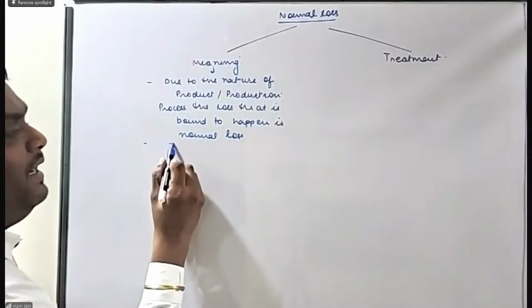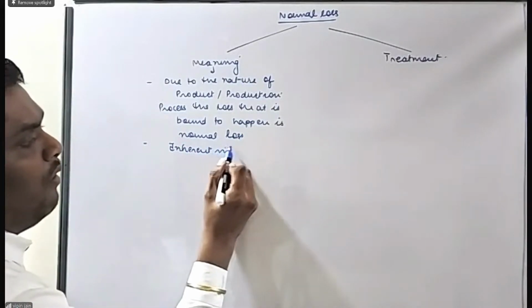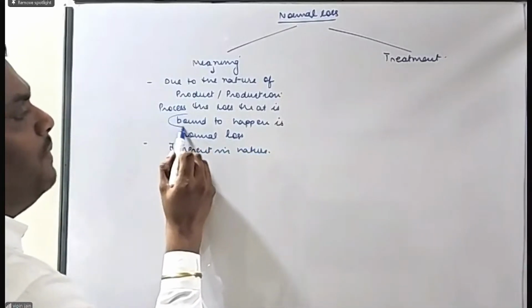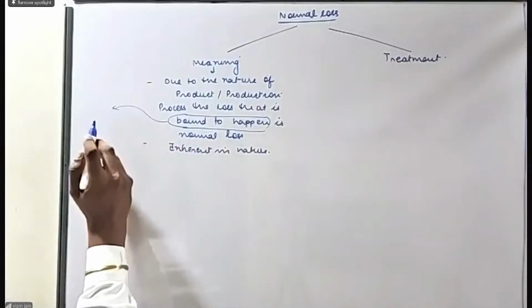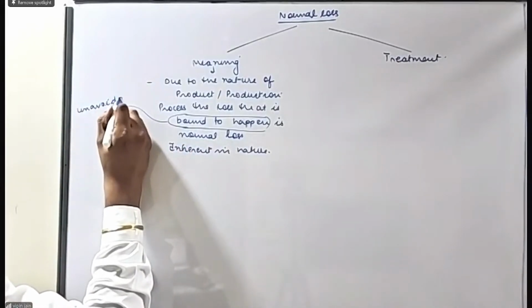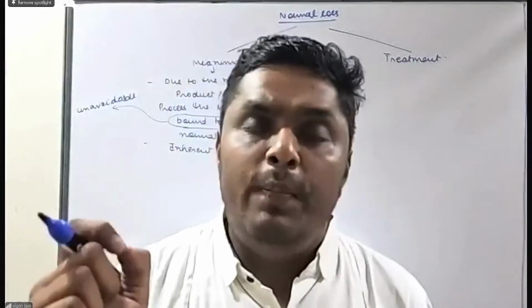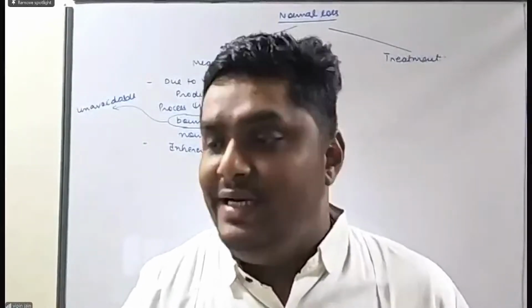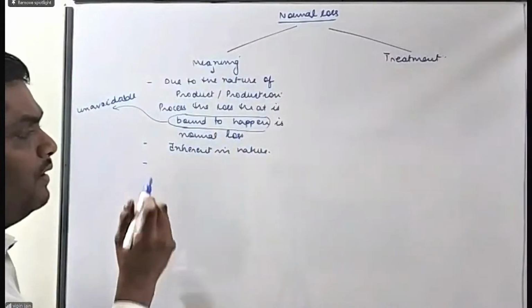We can say it is inherent in nature. Since I have used the word bound to happen, we can say it is unavoidable. Due to the nature of product or production process, the loss that is bound to happen is normal loss. We can say it is inherent in nature.